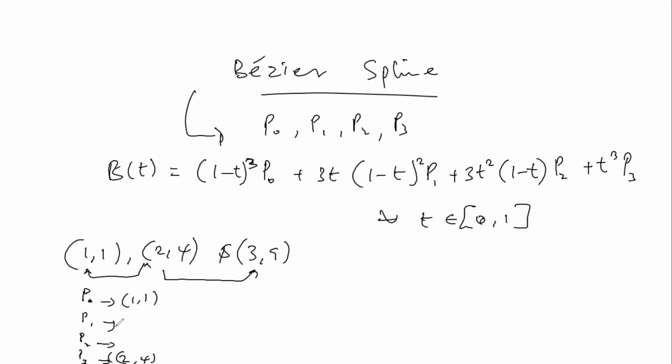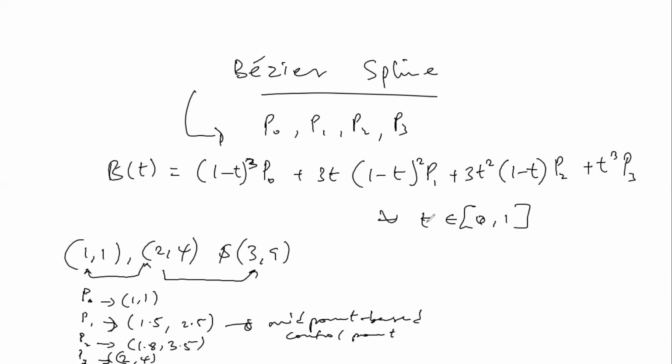Now, how do we estimate these control points in between? We take the midpoint first, which is (1.5, 2.5). We'll call this the midpoint-based control point. We want to use this to influence the curvature. And then the next point will be (1.8, 3.5). And then for the second interval between 2 and 3, we also have P0, P1, P2, P3.